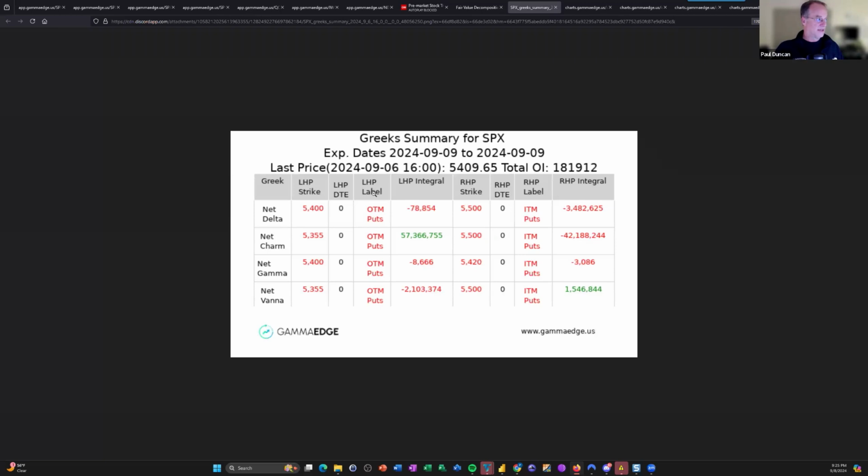Over here, the label and the integral tell you that we've got out of the money puts, and we know puts below us are supportive, but we also know these are out of the money and they're decaying. So at the same time, this is going to -43, -44 million, -45, -46. We're going to watch this come down, -55, -53, -51. There's going to come a point where there's a parity.